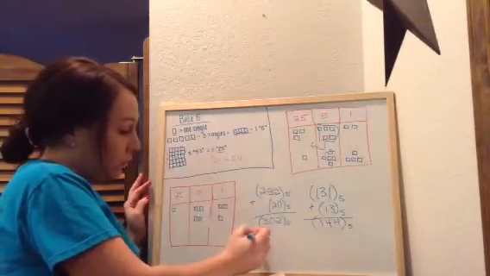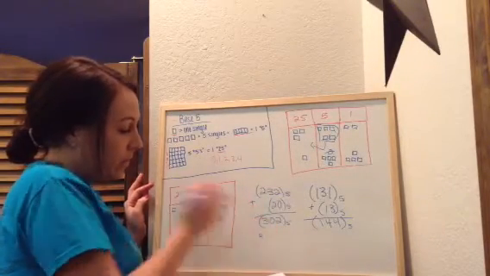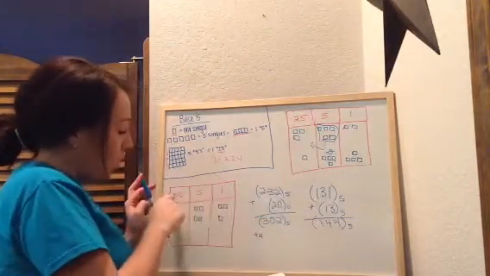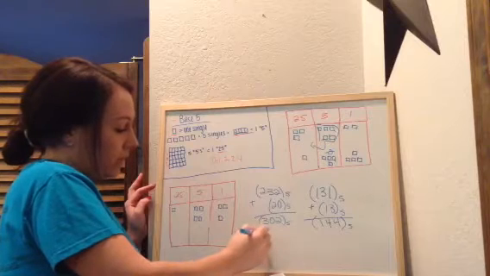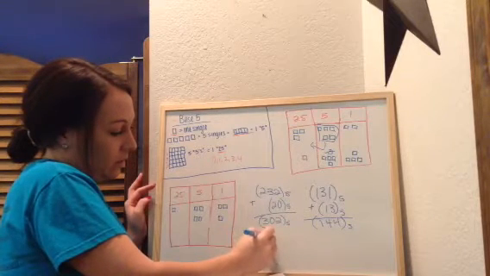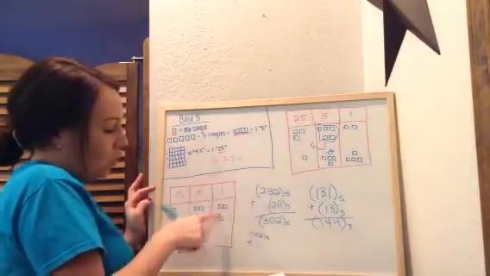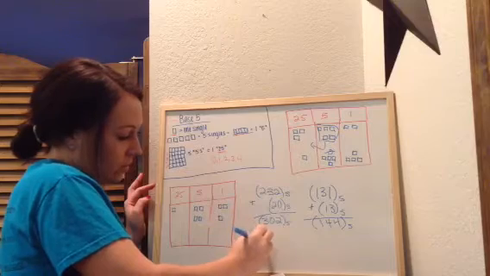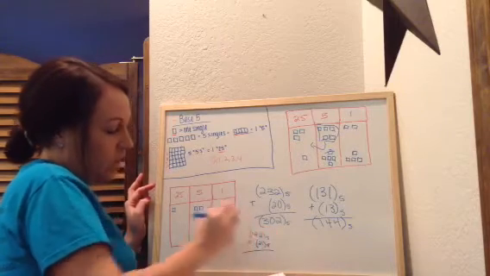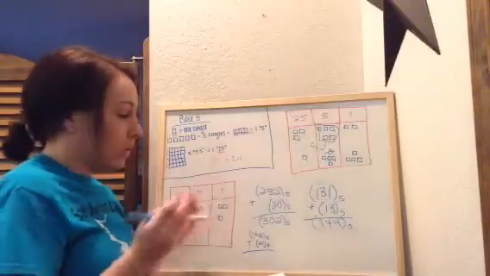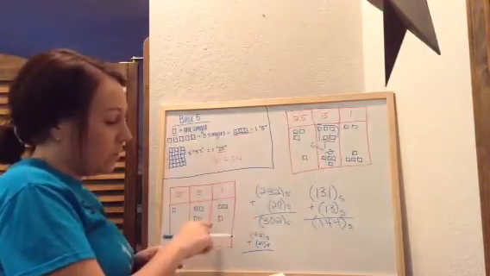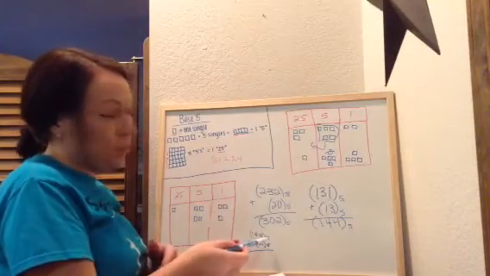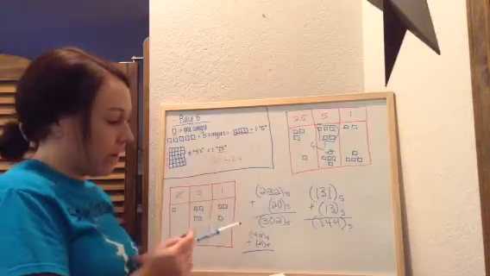So I have 2 singles in the first place, 2 singles in the 5th place, 1 single in the 25th place to the 5th, plus 1 single and 2 singles. So this would actually be my problem, going reverse into the chip model, into what our problem would be. So I have 122 to the base of 5 plus 21 to the base of 5.